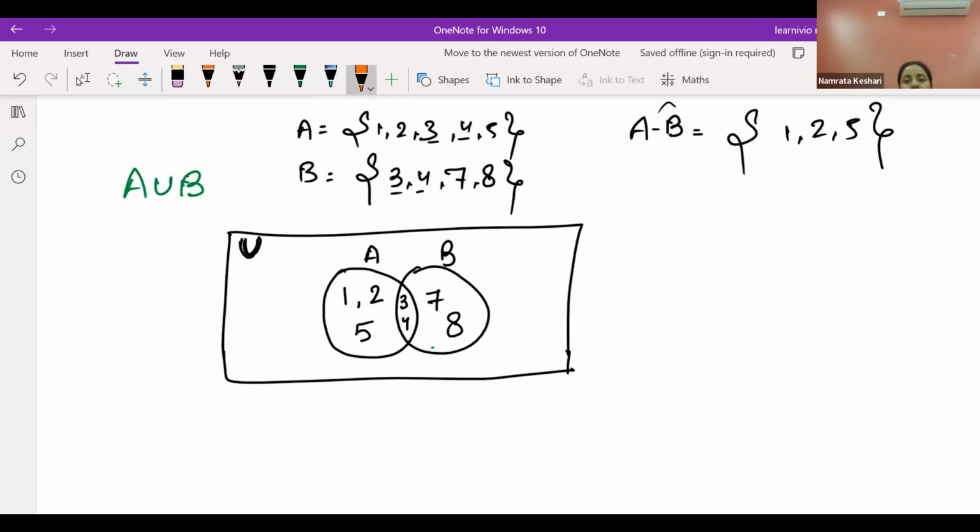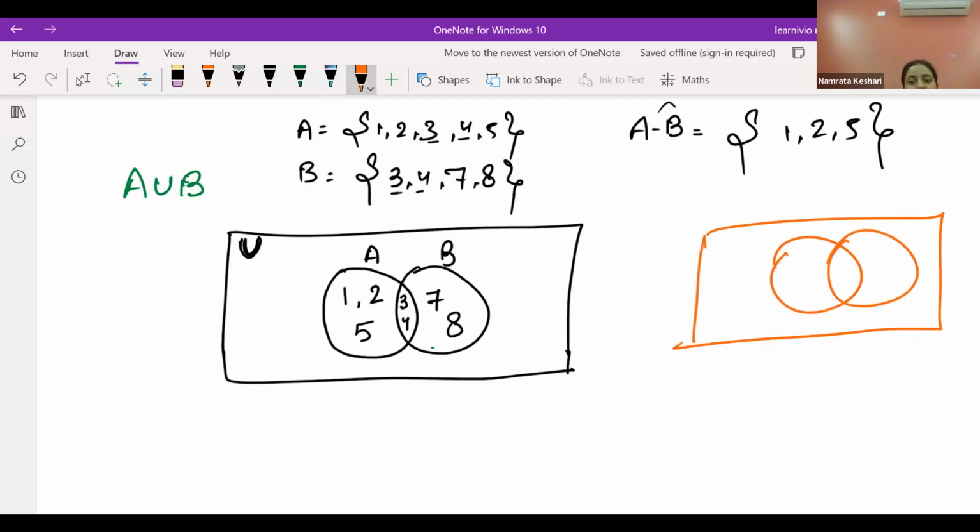So if we have to represent A minus B using the Venn diagram, we always draw two circles like this, but if we shade, we say only this part of A. We don't want the common element and we don't want B. This shaded part represents A minus B. You can understand that 1 to 5 will be sitting there already: 1, 2 and 5.